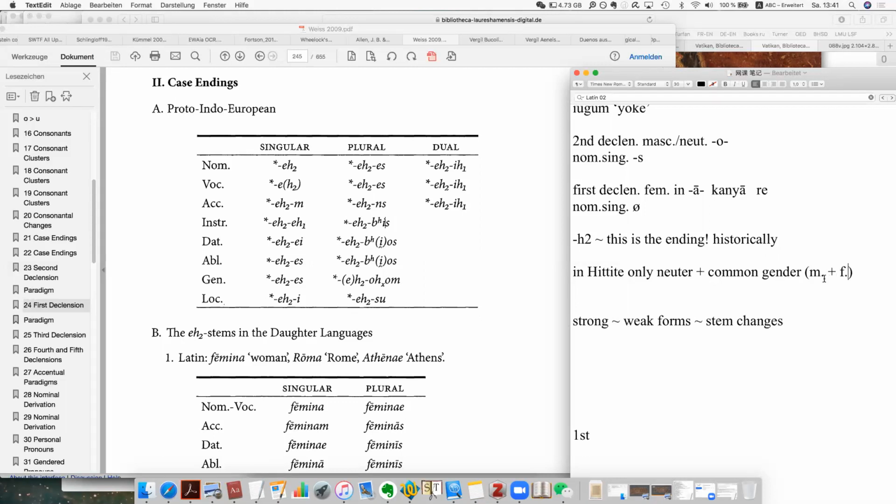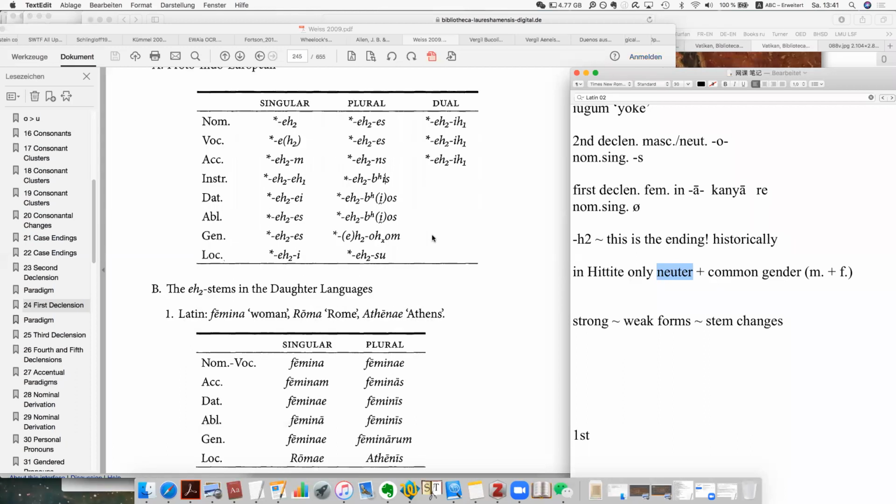And probably from the common gender, we have feminine and masculine. And feminine is actually the collective of neuter. Okay, so this is the explanation.